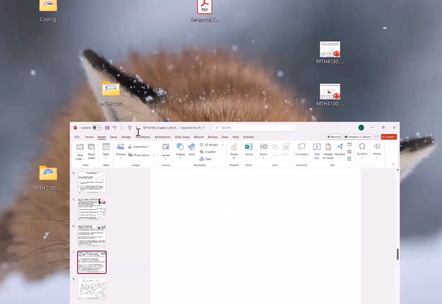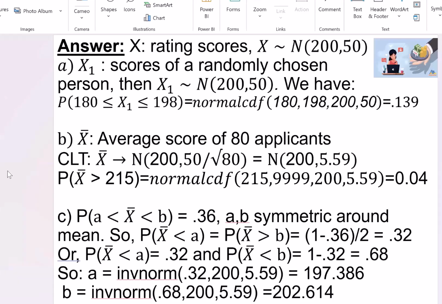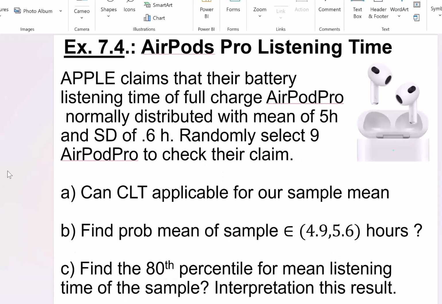So let us look at another example, 7.4, AirPods Pro listening time. Apple claims that the battery listening time of a full charge of AirPods Pro is normally distributed with a mean of 5 hours and a standard deviation of 0.6 hours.